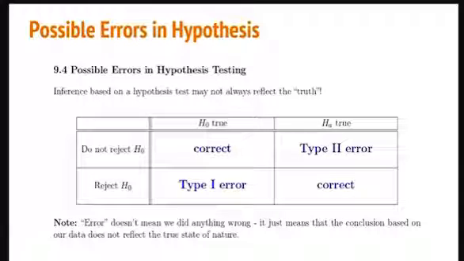When HA is true and you reject H0 because HA is true, that's another correct decision. But the problem is when you take a position conflicting with the state of nature. We always want our decision to be in agreement with the state of nature. Of course, you know what I mean by state of nature. Nature always knows the truth. That's what we mean.